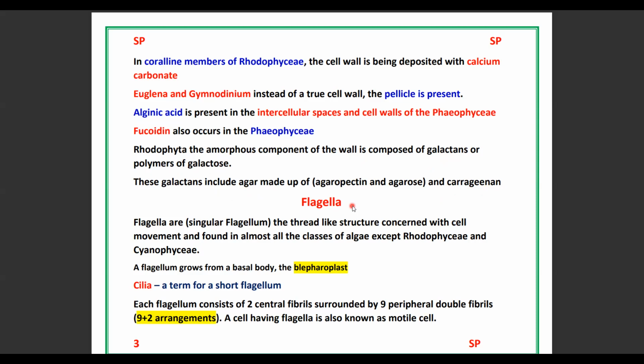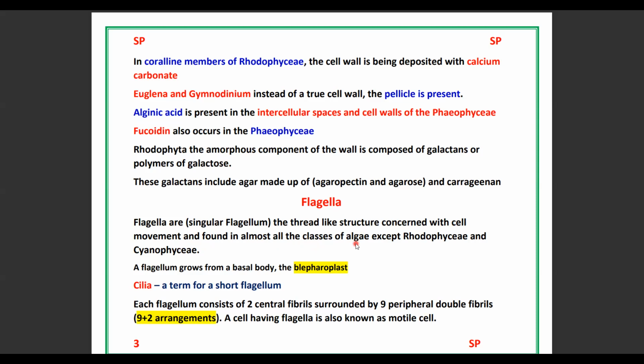And flagella are the chief characteristic of the algal organisms. So most algal organisms possess flagella. It is a plural word, singular is flagellum. The flagella are thread-like structures concerned with cell movement and found in almost all the classes of algae.